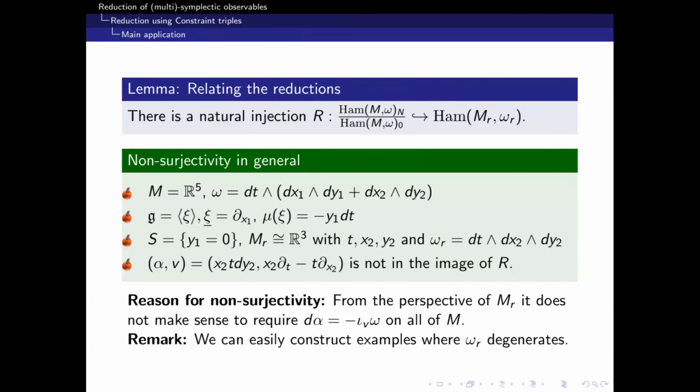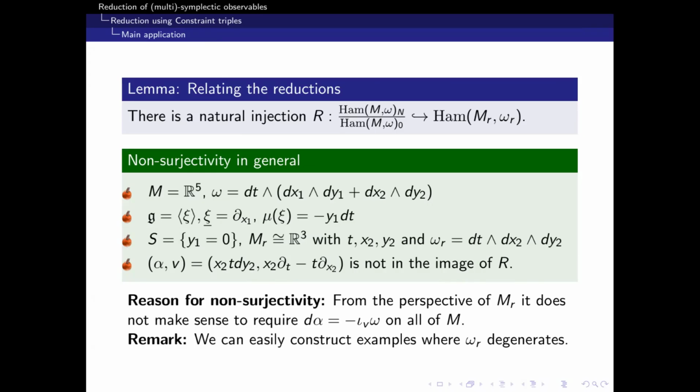But in the general multisymplectic case, this map is not surjective. So there are observables on the quotient which don't come from the original space. The reason is that being Hamiltonian can be very difficult. There can be some very complicated condition, which is simplified when you take a subset or quotient out of symmetry.